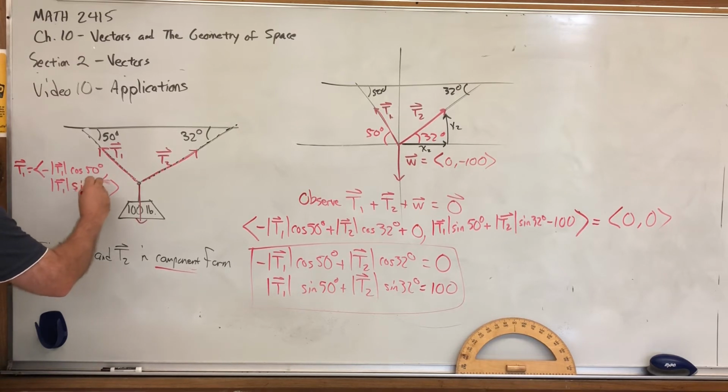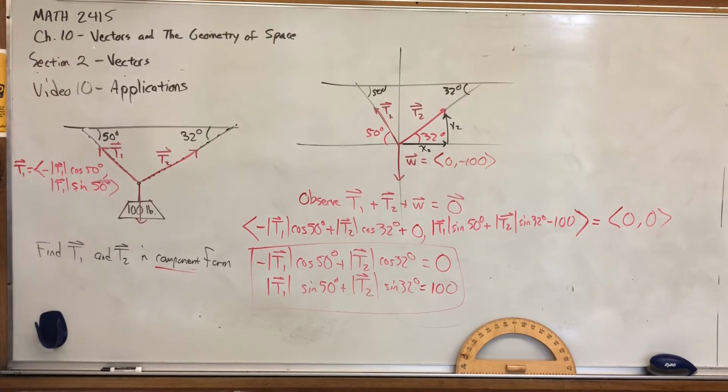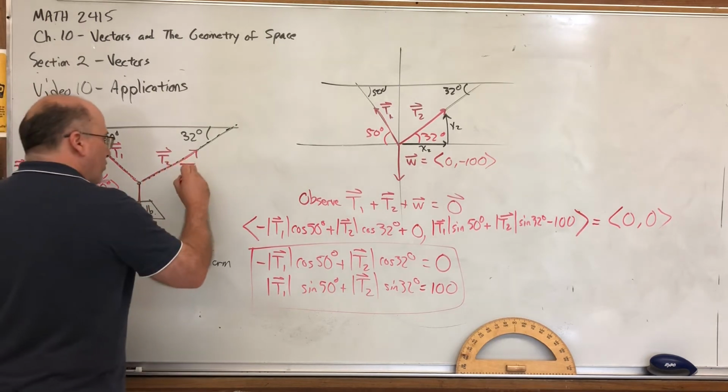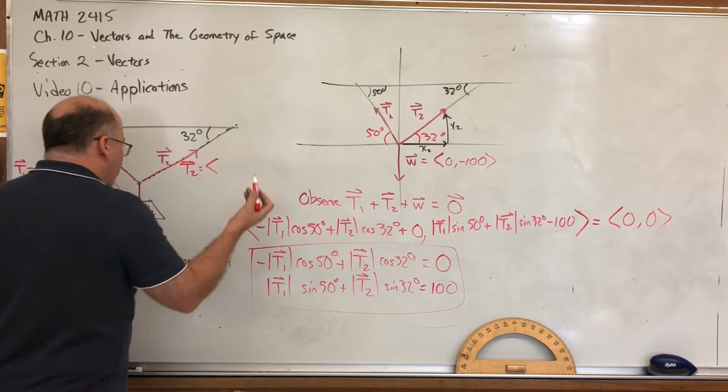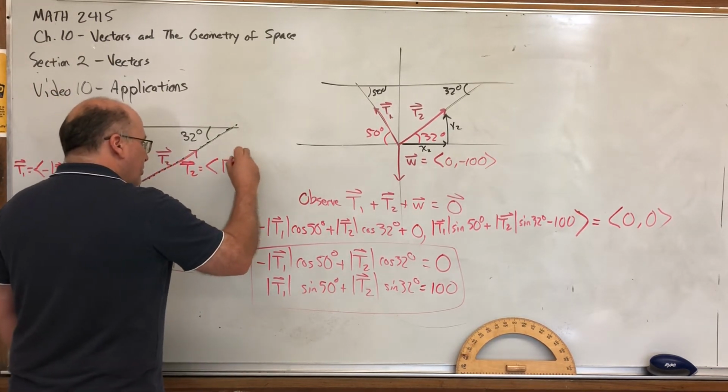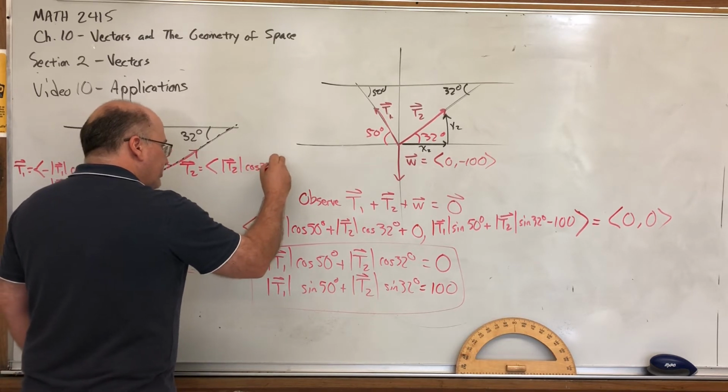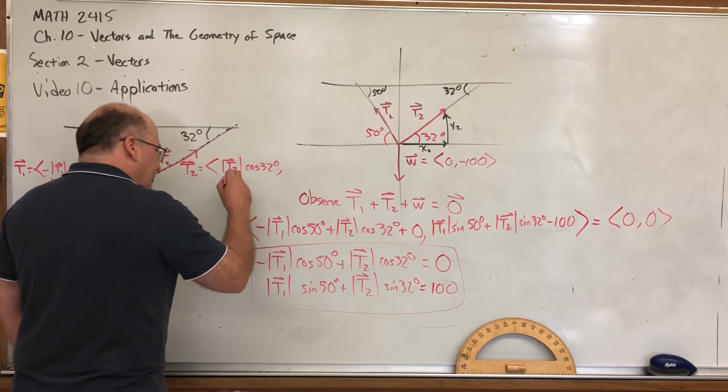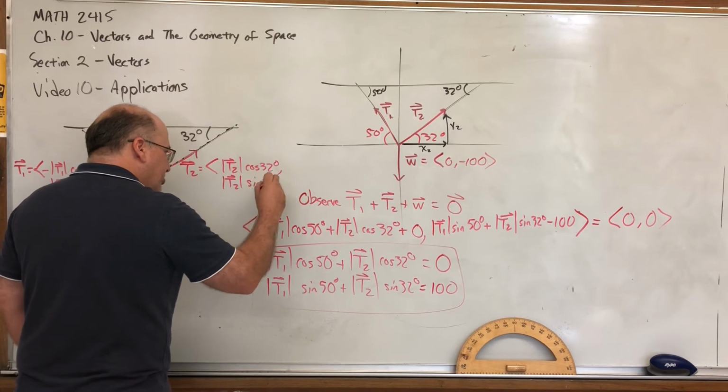And then t2 in component form was magnitude of t2 cosine of 32 degrees, comma, magnitude of t2 sine of 32 degrees.